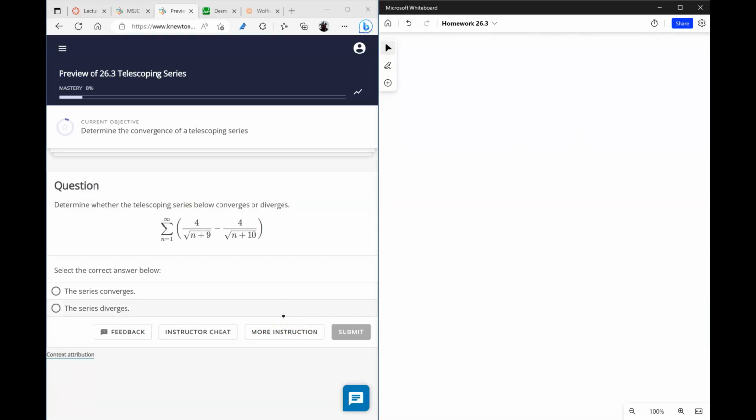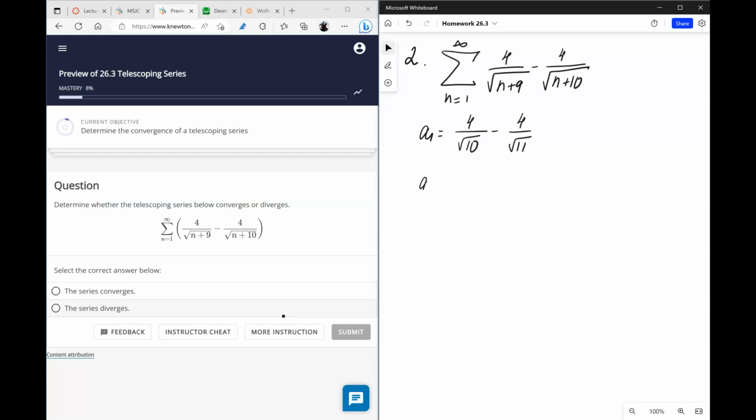All right, second problem is what I thought the first problem was. We are now given that this is a telescoping series, so we don't have to worry about proving it. In this case, A1 is 4 over square root of 10 minus 4 over square root of 11.